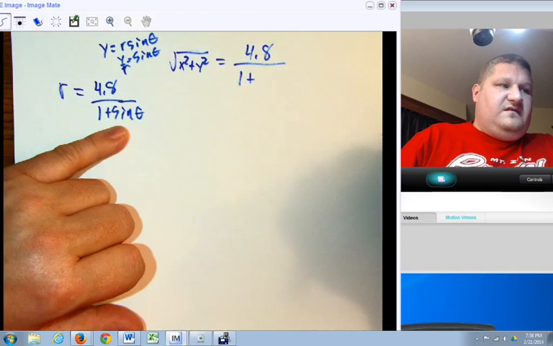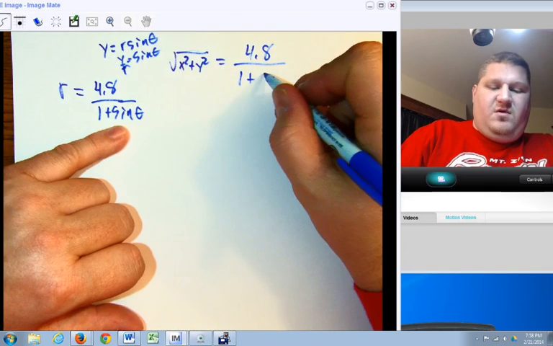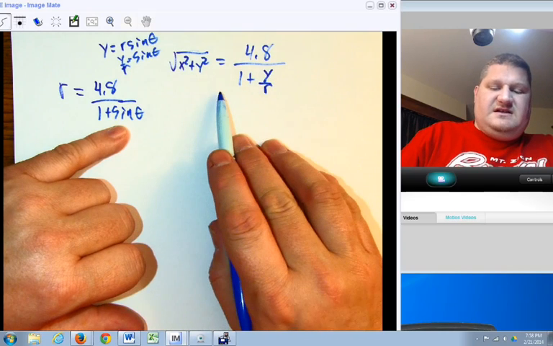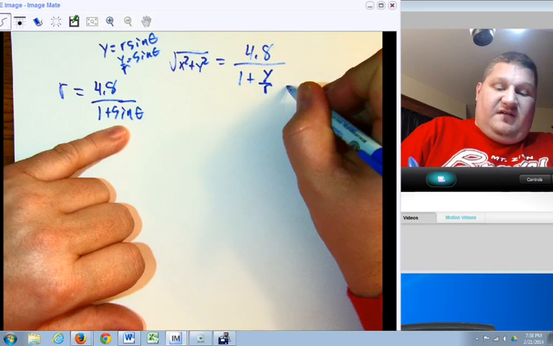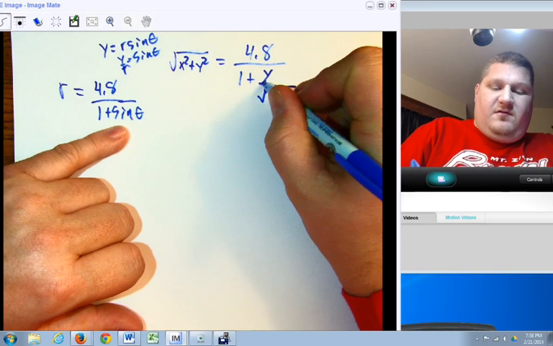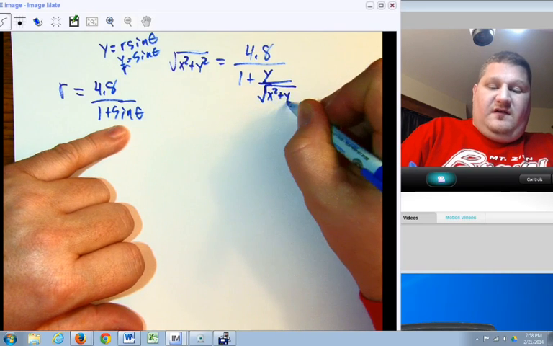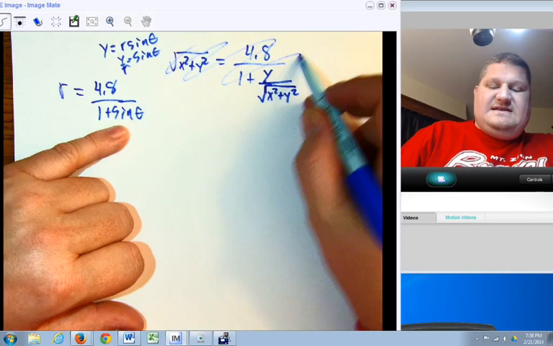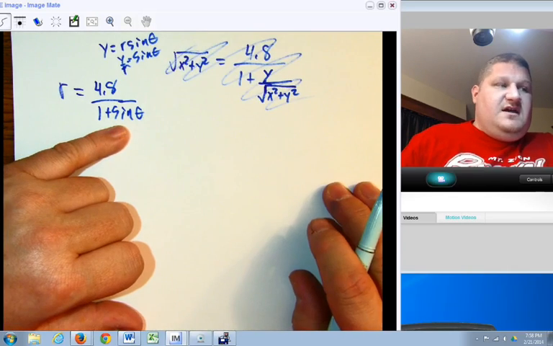Well, that's not really what we want, because with y over r, I still have r's mixed in with this. I could replace r with the square root of x squared plus y squared, but look at that nasty, horrible fraction.